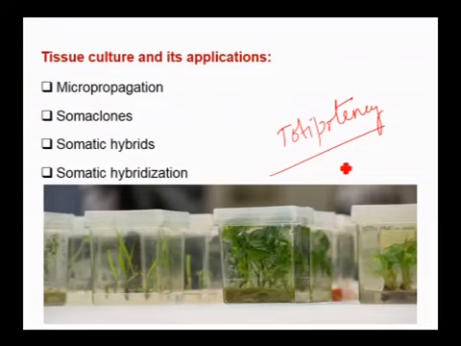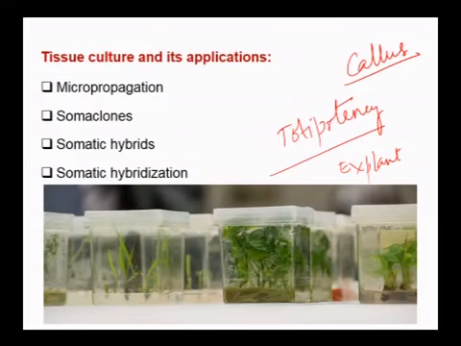For this we select any part of the plant, called an explant. This explant, under controlled conditions like proper nutrient medium, temperature and other in vitro conditions, differentiates and produces an undifferentiated mass of tissue called callus.